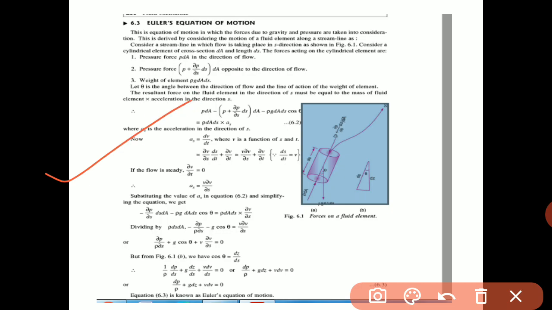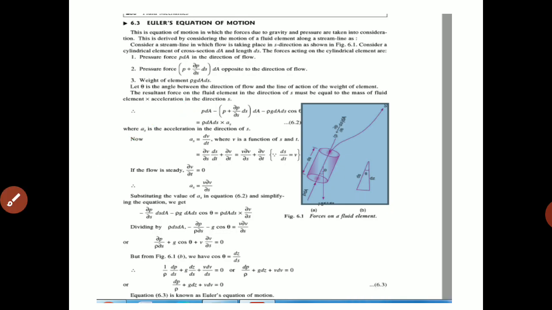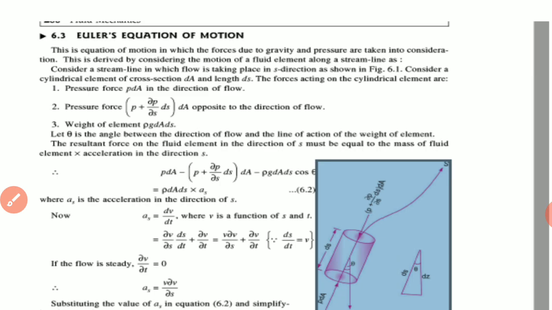So what does Euler's equation of motion say? The equation of motion in which force due to gravity and pressure are taken into consideration, and this is derived by considering motion of a fluid element along a streamline.